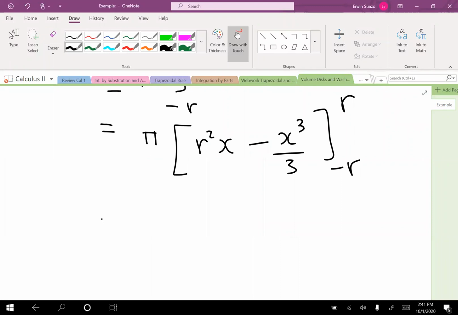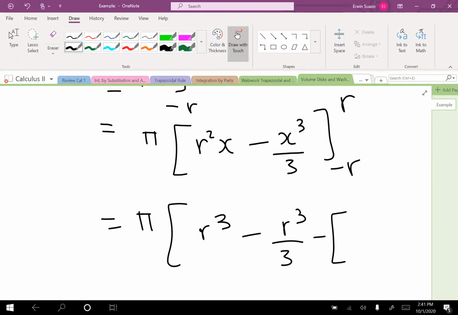So we get pi, and then evaluate at r, we got r cubed minus r cubed divided by 3 minus, then you got r cubed minus, and then this is minus r cubed times minus. So I think we'll get plus, right? Well, let's do it slow.